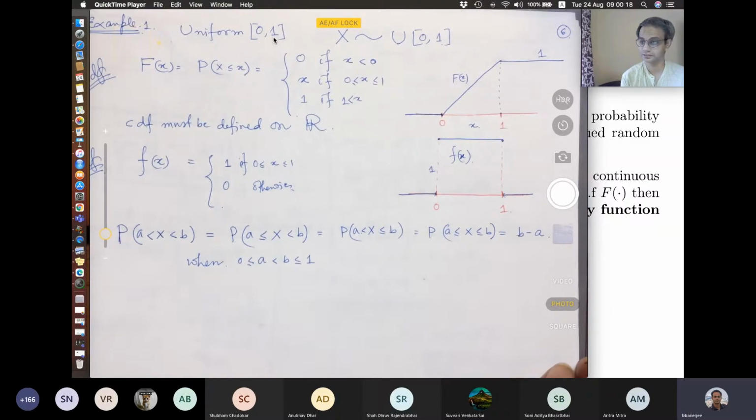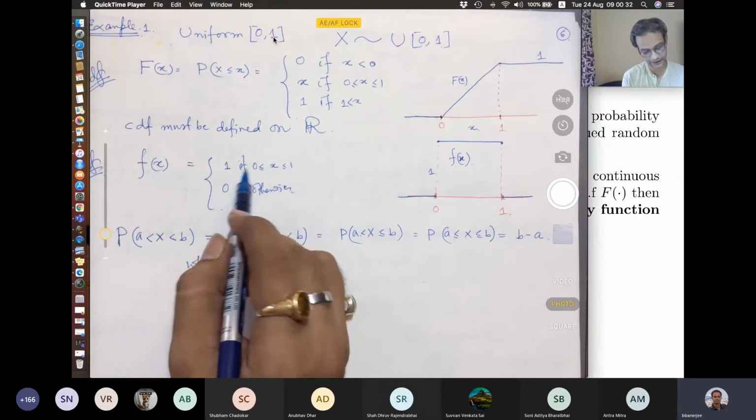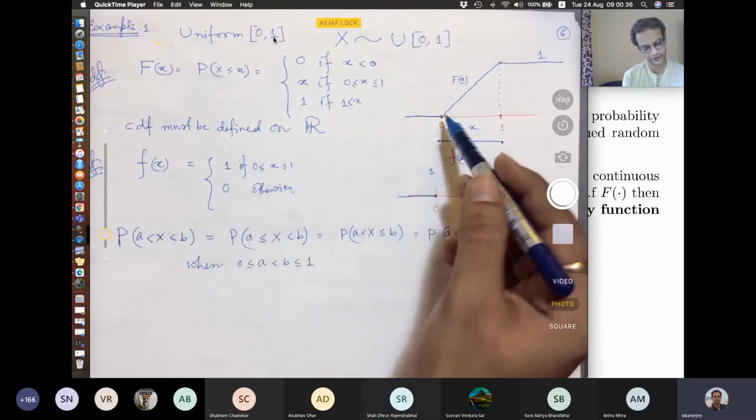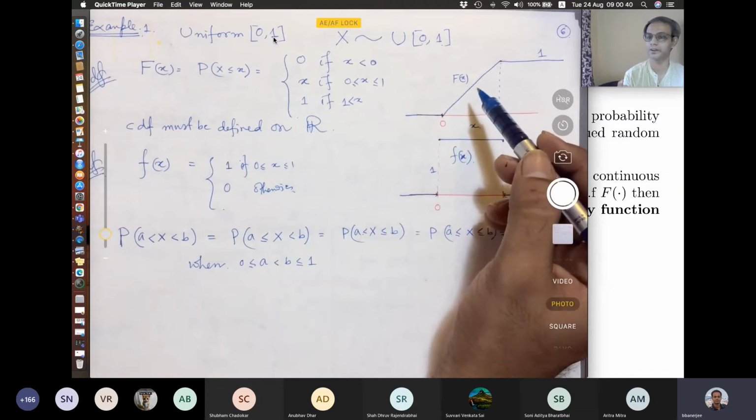Sir, am I audible? Yeah. Sir, in the PDF function, at x equal to 0 and x equal to 1, how do we say that it is 1 for sure? Why not 0? Okay. The thing is that even if you remove this equality, the entire thing will hold, because at one point the probability is 0.